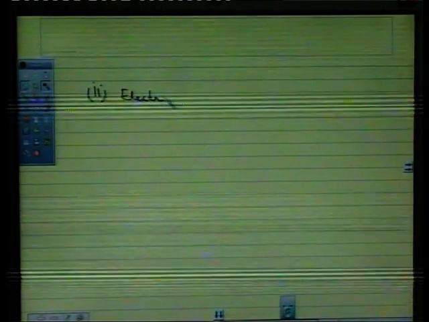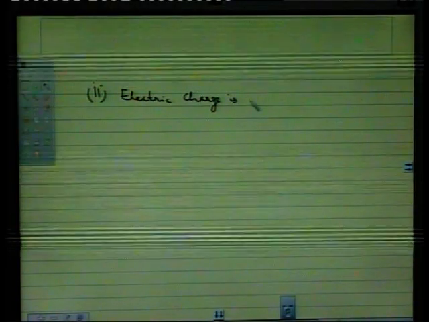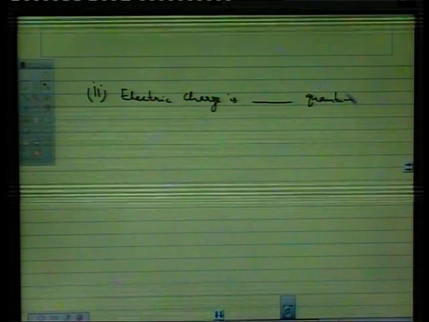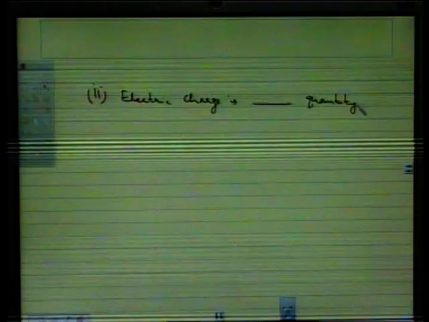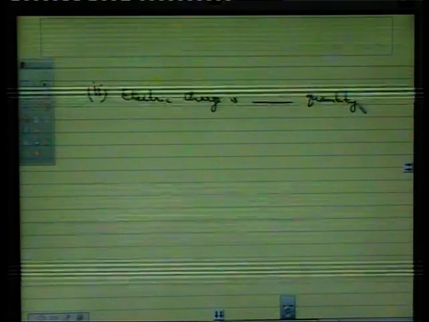The second question in this fill in the blanks was electric charge is dash quantity. Now, you must have studied in physics that there are two types of quantities, one is called scalar, another is called vector.